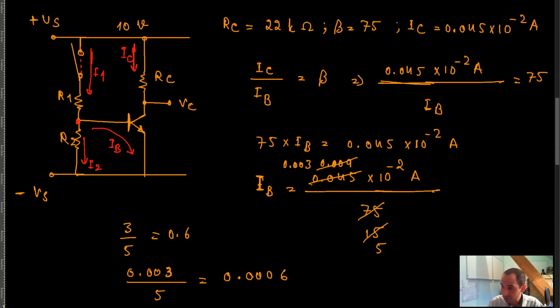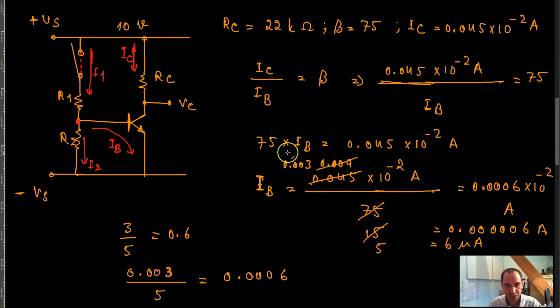So 0.003 divided by 5 is equal to 0.0006. So that's the number. That's 0.0006 into 10 raised to the power negative 2 in amps, which is the same thing as 0.000006 in amps, which is the same thing as 1, 2, 3, 4, 5, 6. That's 6 microamps, right? So your base current is supposed to be 6 microamps. I of B is supposed to be 6 microamps.